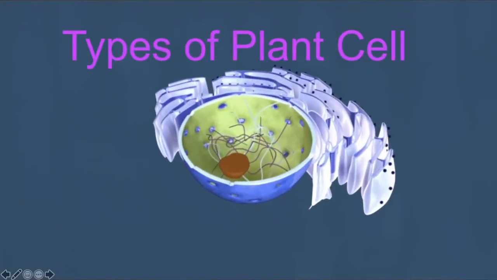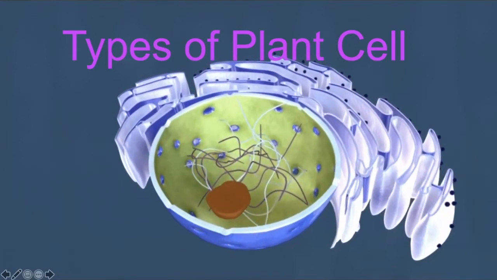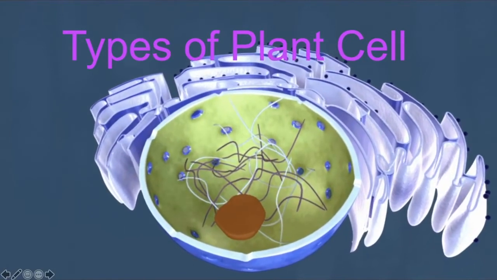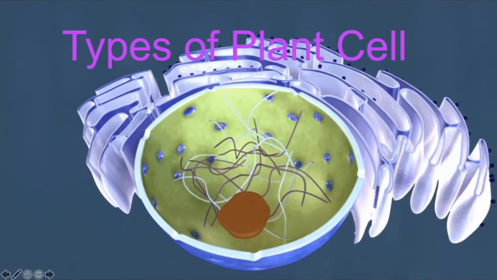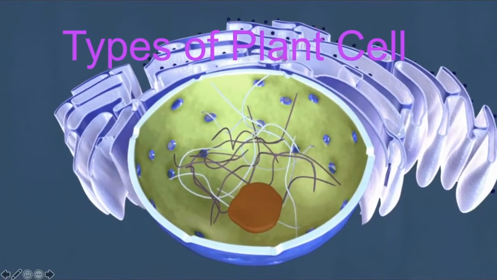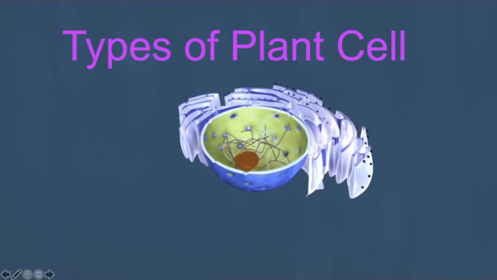Plant cells are multicellular eukaryotic cells that make up a plant. Being eukaryotic cells, they have a defined nucleus with specialized structures, organelles, that enable it to function in an orderly manner.